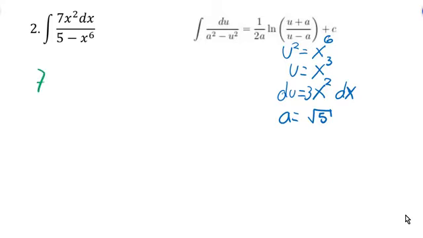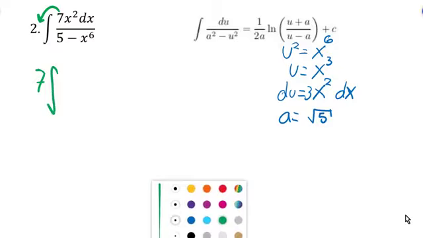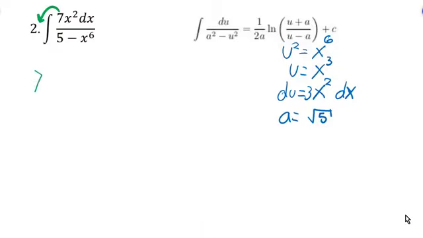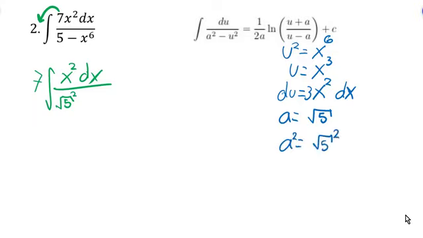We're going to put aside the 7, and I'm gonna write it again: 7 and x squared dx over, we're gonna put in the original values. We know that a squared is this. Remember that.